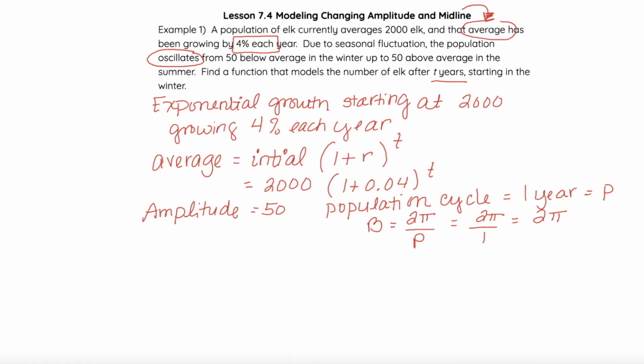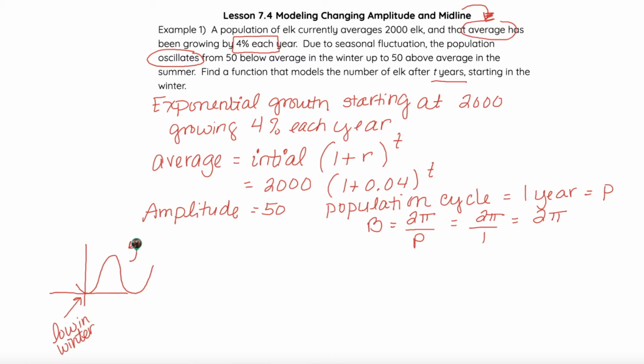Thinking about what the graph of this might look like, our year in January starts off in winter. So we're going to start off at a particular low point. Then we're going to get high in the summer and come back down, etc. So I'm going to put low in the winter. And this isn't exactly the graph, but just kind of getting an idea of the particular shape.